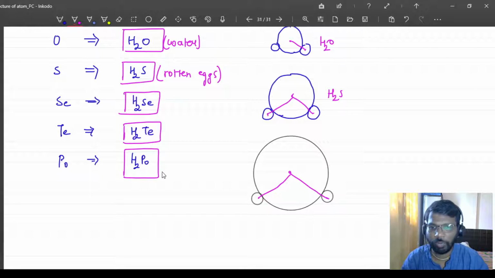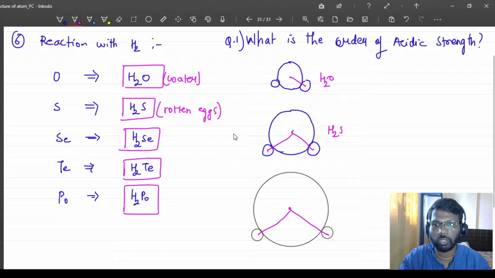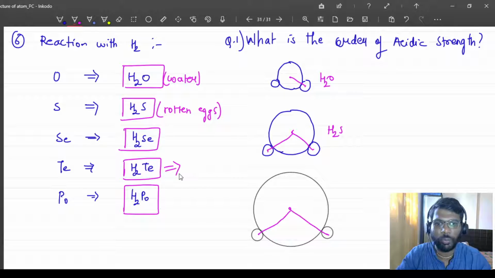So till the tellurium the bond length increases. It means the strongest acid, the strongest hydride of this element, that is tellurium, can give its hydrogen very easily, means these bonds could be broken very easily. So the bond length is more between the hydrogen and tellurium, and that's why this is the strongest acid.